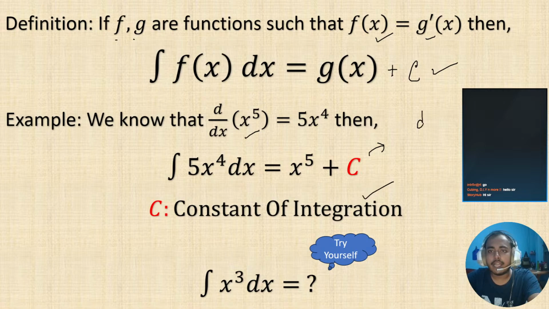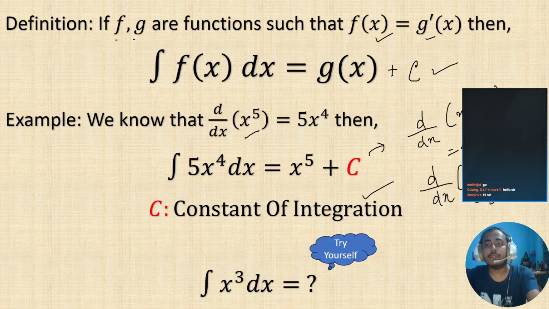But realize that if we were to differentiate even x to the power 5 plus 1, it would also give you 5x to the power 4. And if we were to differentiate d/dx of x to the power 5 plus 2, this would also give you 5x to the power 4. You see, you can add or subtract any constant from x to the power 5, and upon differentiation, it will basically give you the same thing, which is why plus c is added, which is very important.